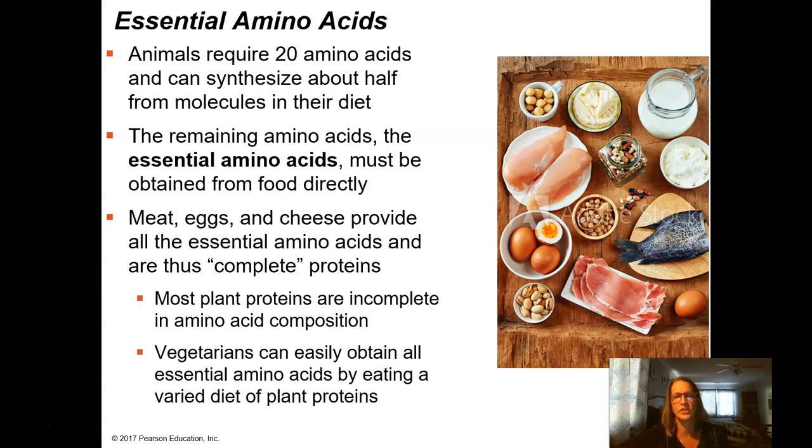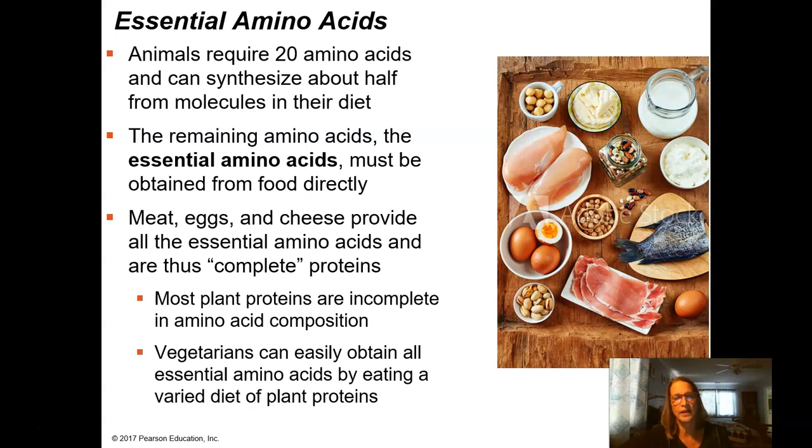Meat, eggs, and cheese, these things that you typically think of as containing proteins, are some types of food that provide all the essential amino acids that animals need. And because they have all of the essential amino acids in them, they're considered complete proteins in a diet.